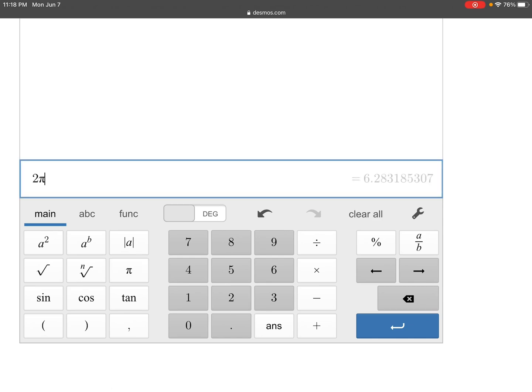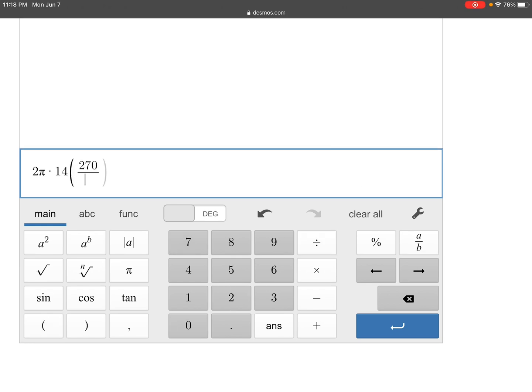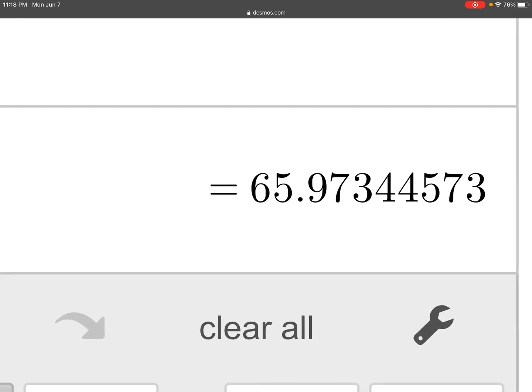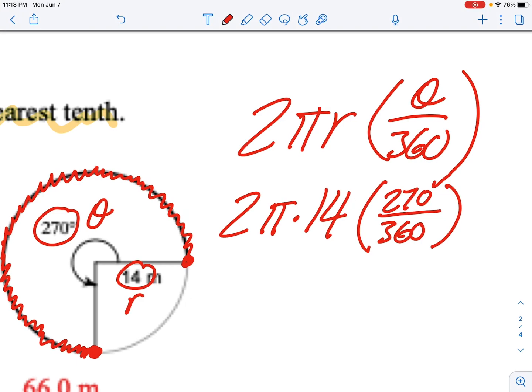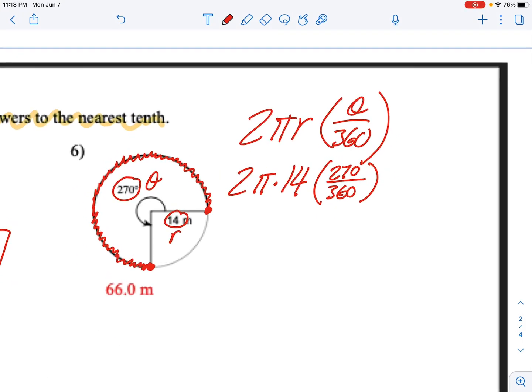Okay, so let us clear. 2 pi times 14, parentheses 270 divided by 360, parentheses, and I get 65.9, but the 7 is going to push the 9 to a 10, which is going to carry over to 66.